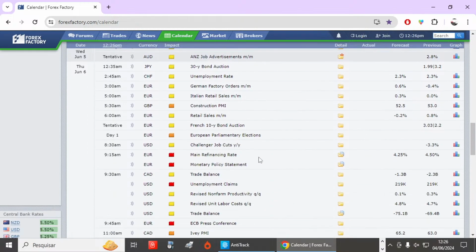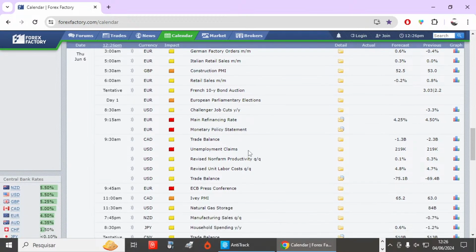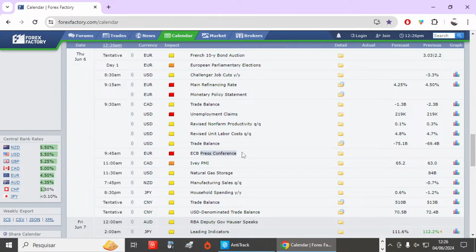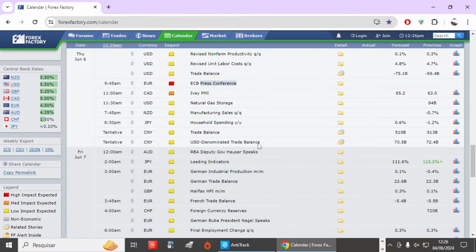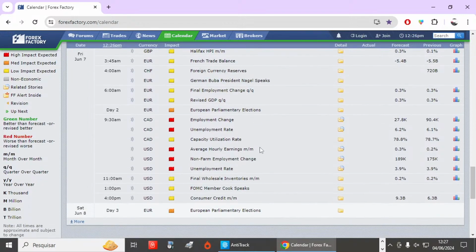Then on Thursday you have the euro, interest rate, and the press conference, which is going to affect the euro pairs. And on Friday you have USD and CAD, and those two news events are going to affect Canadian pairs, CAD pairs, and the USD pairs.